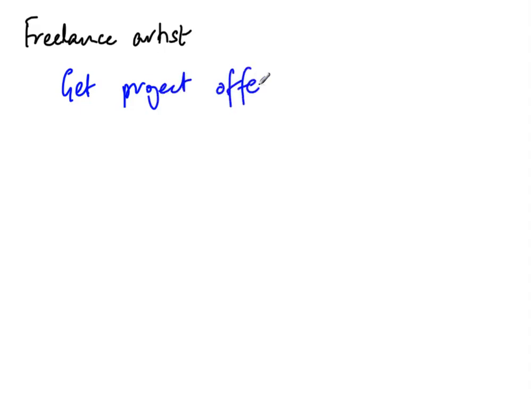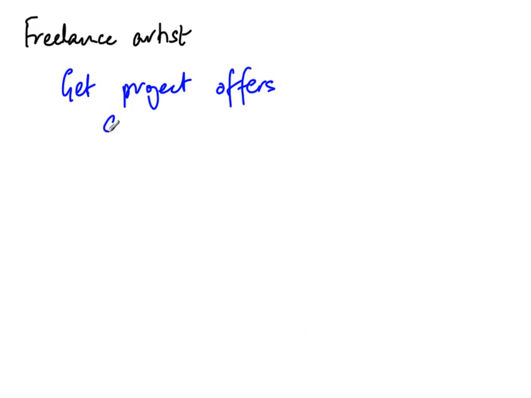So let's look at another example. Suppose you are working from home, so you're a freelancer, say you're an artist, and you get project offers from people. So people come to you and say, would you design this cover of this magazine for me, would you design this poster?